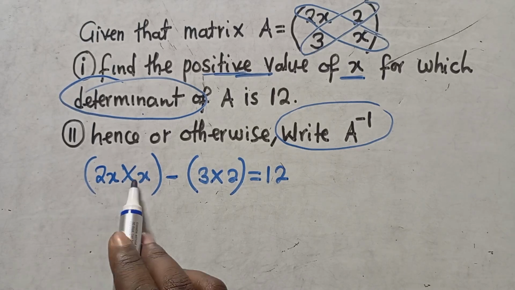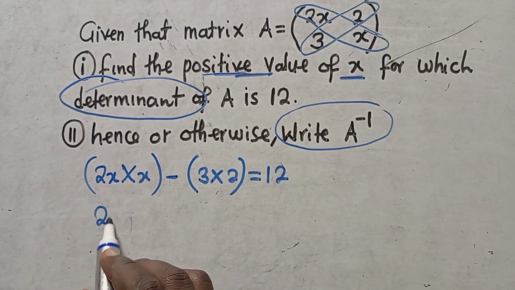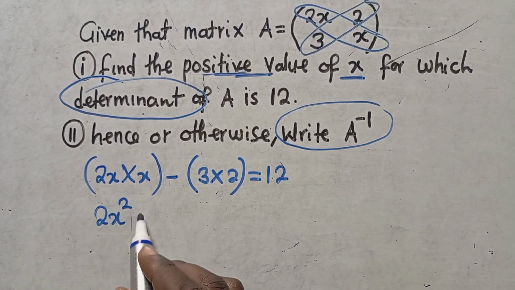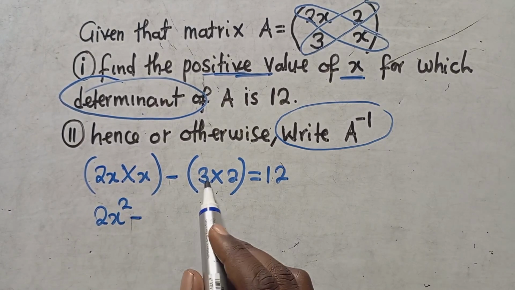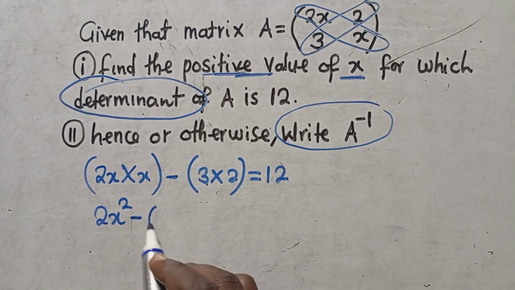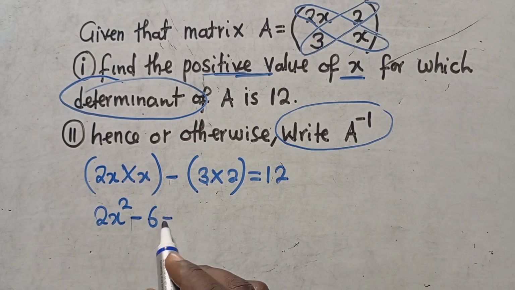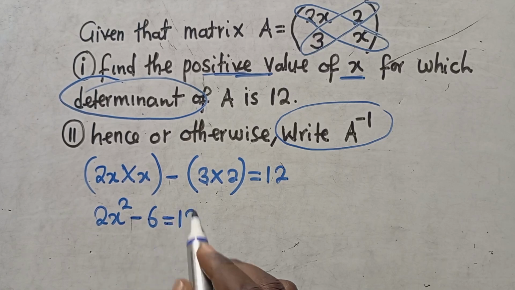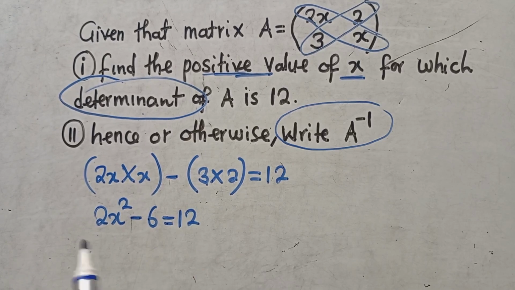So here we say 2x times x, that is 2x squared, minus 3 times 2, that is 6, equal to 12. Now we solve an equation because we want to find the value of x. This one moves to the other side of the equation. When it crosses the equal sign, it becomes positive.